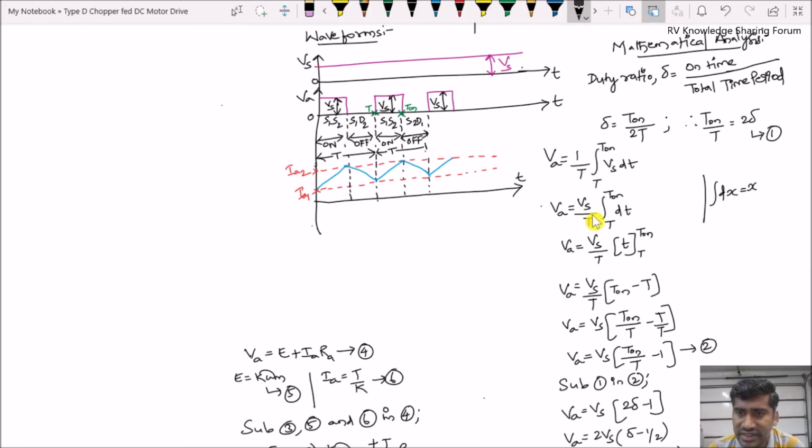Further proceeding with the derivation, VA is equal to, taking Vs as constant, Vs by T integration from 0 to T on of dt. Integration of dx is x, therefore integration of dt will become t.